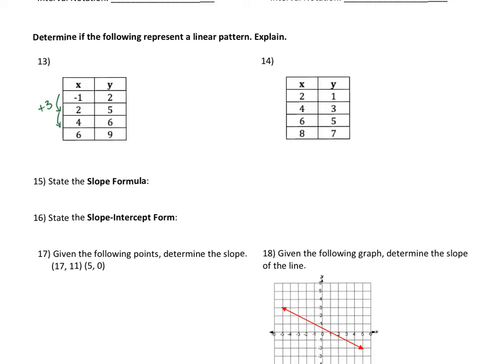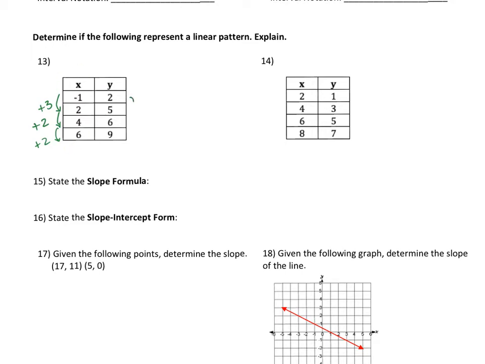And then from 2 to 4 would be +2. And then 4 to 6 is +2. So that doesn't look quite right to me because it jumped from -1 to 2, so that's adding by 3, and then it added by 2 and 2. So that already breaks the rule, but we can also check the y's, but this already doesn't seem linear.